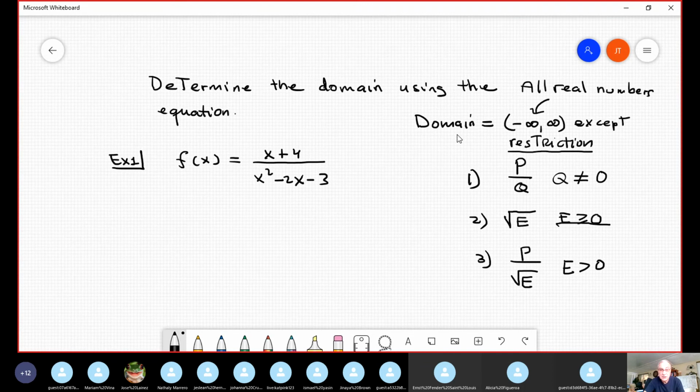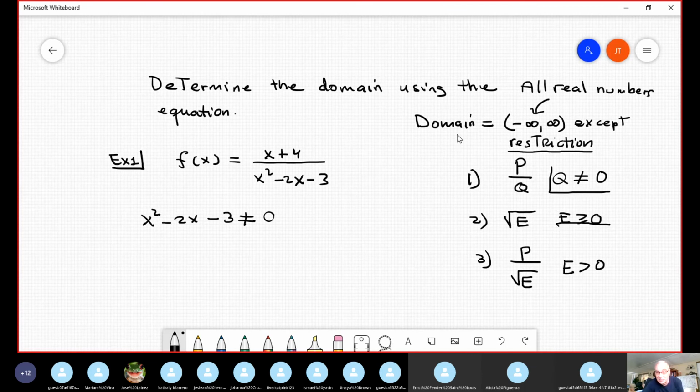Okay. I can see that this function looks similar to restriction number 1, division. So you take the polynomial in the bottom, which is Q, minus 3, and you enforce that it cannot be 0, because it would be undefined. Okay? Basically, this idea is this idea.